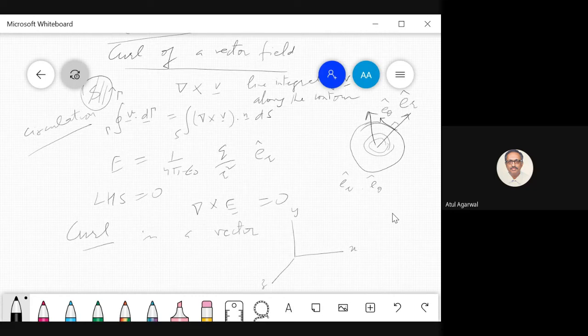So you take this plane yz, and in this yz plane you take an area. So what is the area normal to this circle in the YZ plane? Anybody? If I take a circle in the YZ plane, what is its area normal? It is in the X direction. Yes.